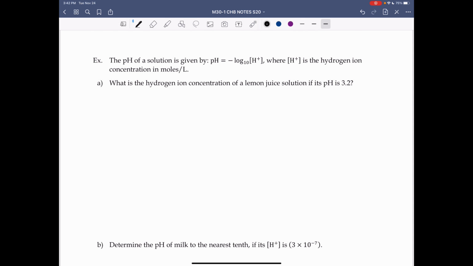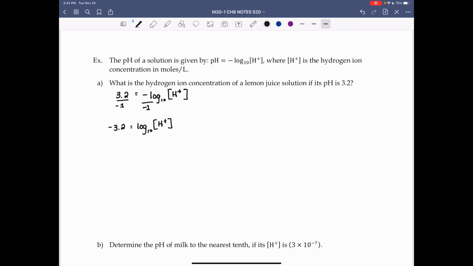We have 3.2 equals negative log base 10 of the hydrogen ion concentration. We can divide by -1. Then we get negative 3.2 equals log base 10 of the hydrogen ion concentration.